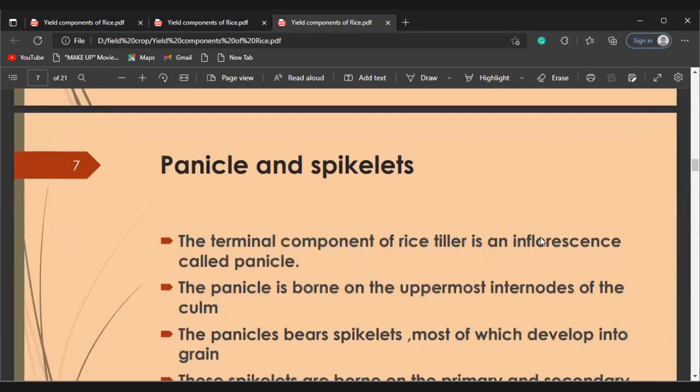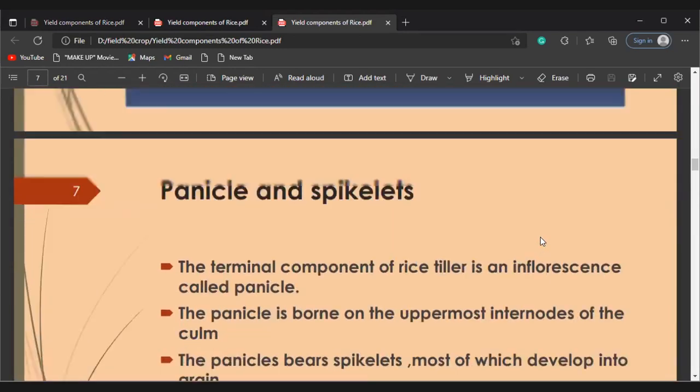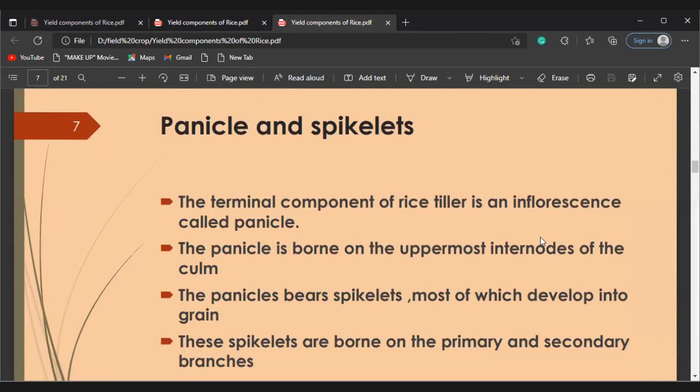Okay, then panicle and spikelets. While considering the yield, you want to know what is panicle, what is spikelets, what are tillers, and what is 1000 grain weight. The terminal component of the rice tiller is an inflorescence called the panicle. In rice, there are a number of tillers.